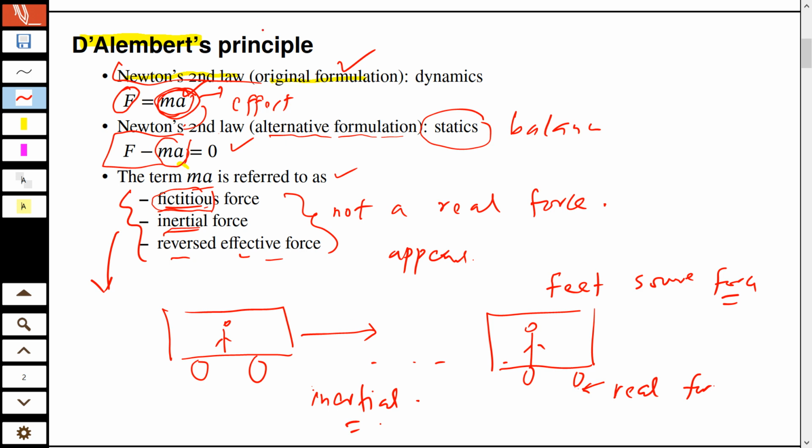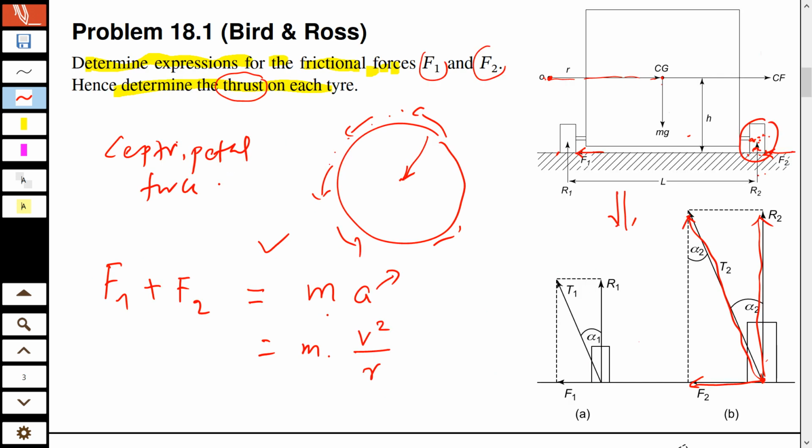And if you want to see this in the formulation of D'Alembert's, you can give a name to that fictitious force. तो ये जो साइड है, ये जो मैंने यहाँ लिखा है, ये तो सेंट्रीपिटल फोर्स हो गया ना, सेंट्रीपिटल, सॉरी, मैं जस्ट लिख देता हूँ सेंट्रीपिटल फोर्स, ठीक है. तो इसको हम क्या कहते हैं?